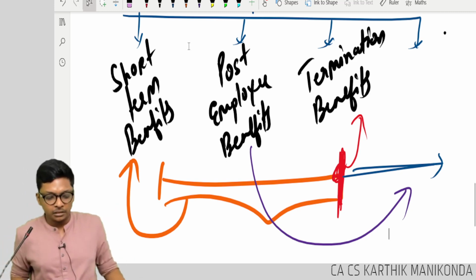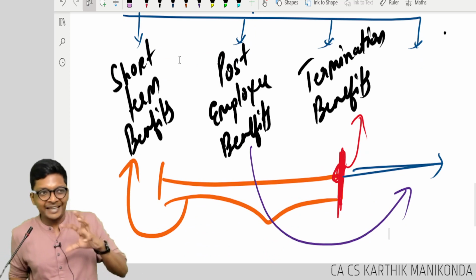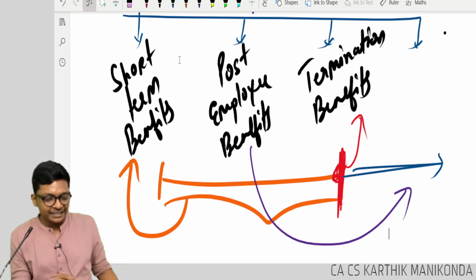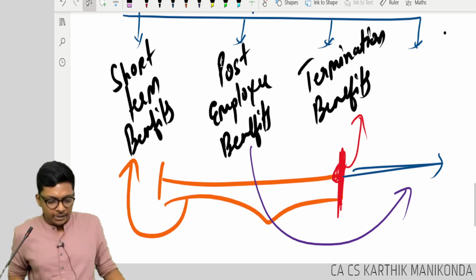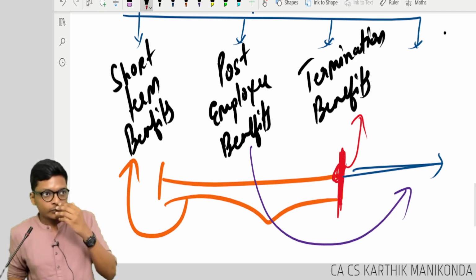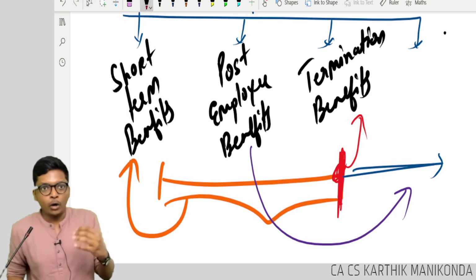And last one is basically more like a miscellaneous, which doesn't fit into any of these three. Let me give a small example. Let's say they're telling him, if you work well, you will get some award in 2 years.